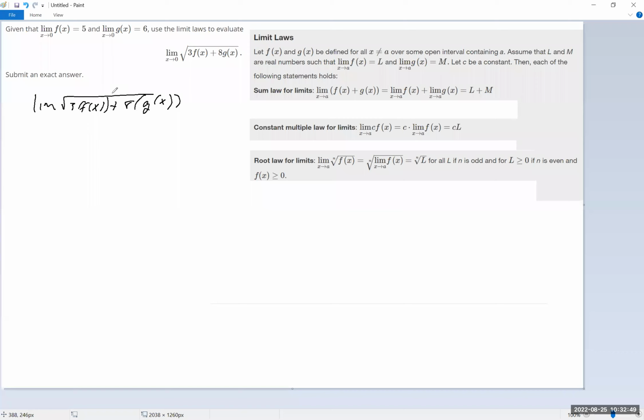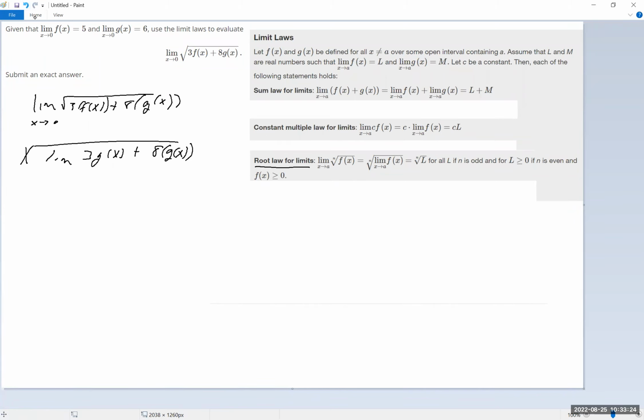So the first thing I'm going to do is use the root law, which allows me to take out the radical to the outside. And of course this is x approaching 0. So now I've got the radical of the limit of 3 f of x plus 8 g of x.